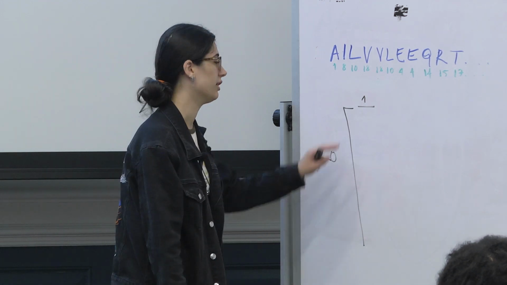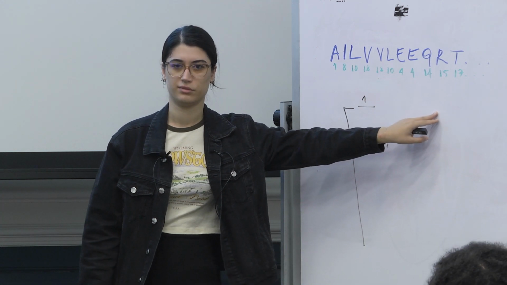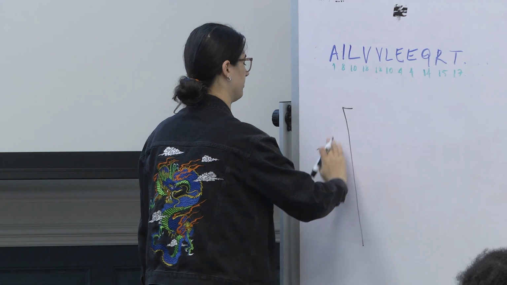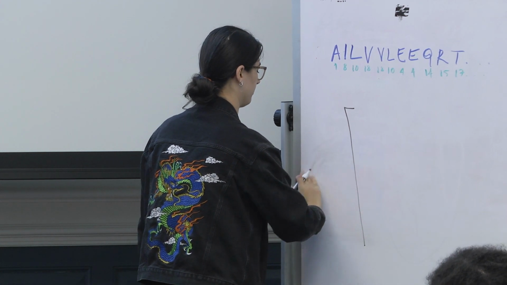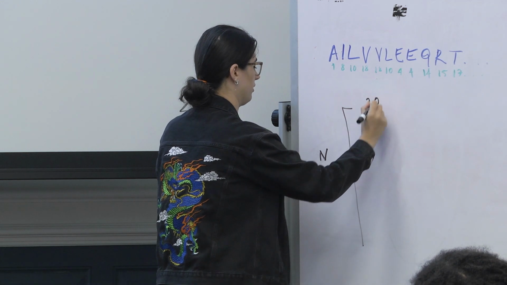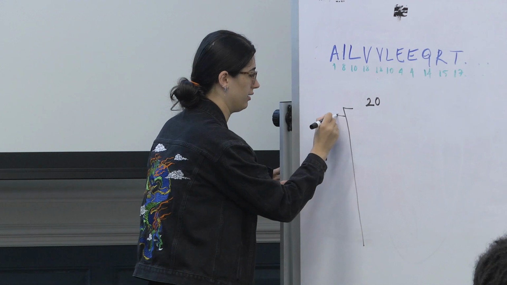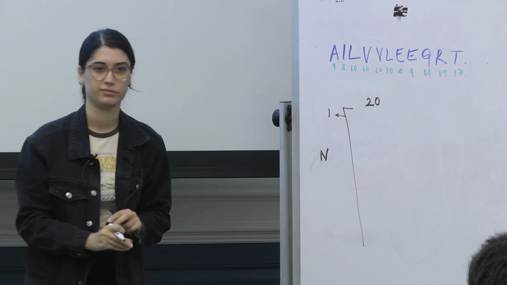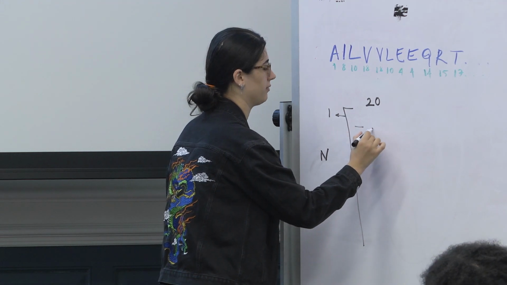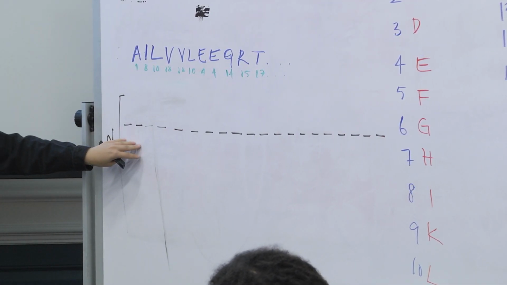For each of them. So then, what would this be? Let's do this. Let's say this is our first residue. So for the first residue, there are 20 possibilities.